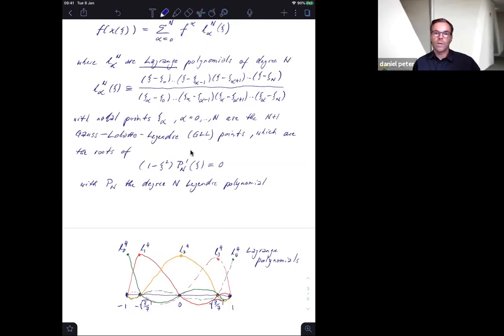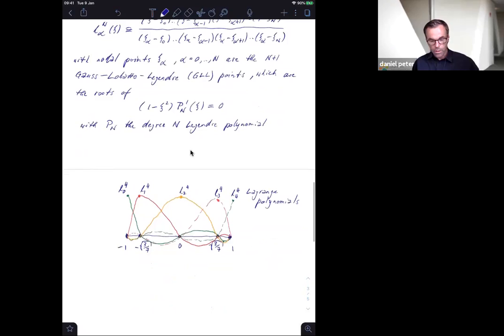Those would be our Lagrange polynomials. And the nodal points here, these would be the GLL points. So psi alpha. So we would have psi 0, psi 1, psi 2, psi 3, psi 4.